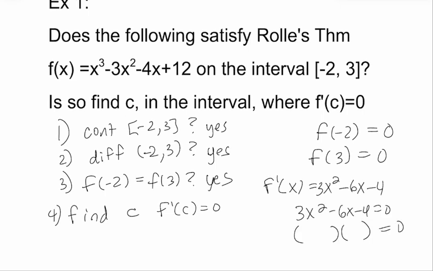Is that a factorable quantity? Let's see, 3 times 4 is 12. The factors of 12 are 12 and 1. That doesn't have a difference of 6. 6 and 2, 3 and 4. Oh, we have to use the quadratic formula. Anyway, let's use the quadratic formula.